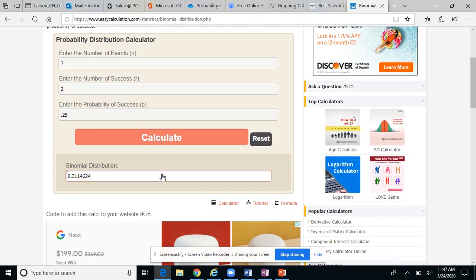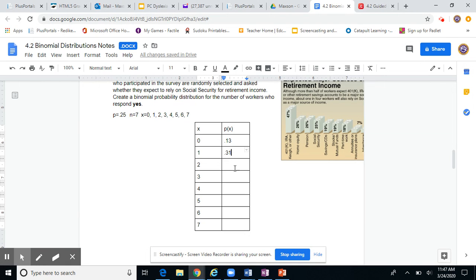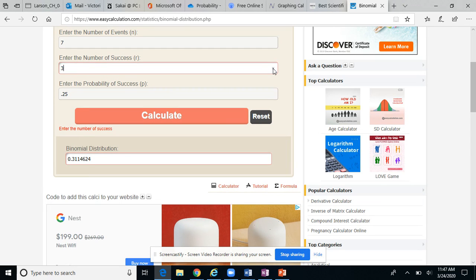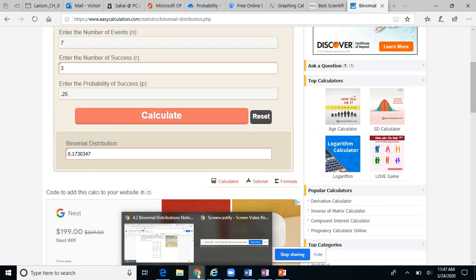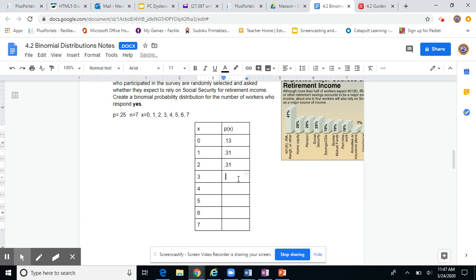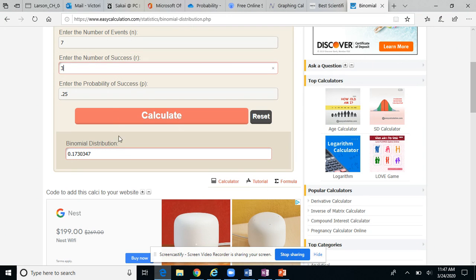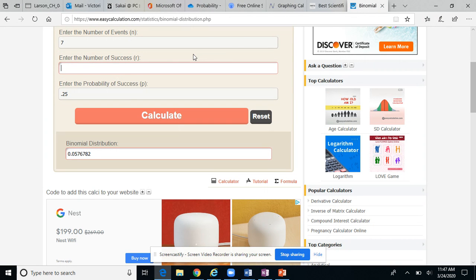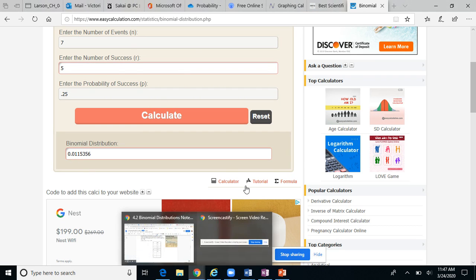So for 2, we get 0.31 again. For 3, we get 0.17. For 4, we get 0.057, so 0.06. For 5, we get 0.01.